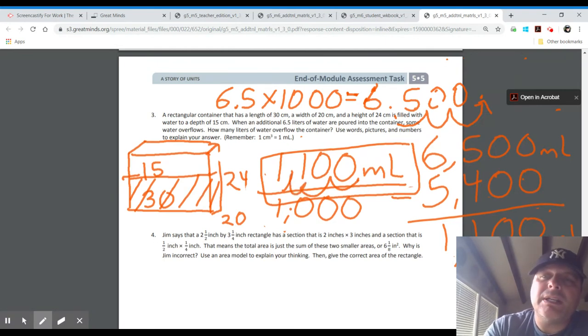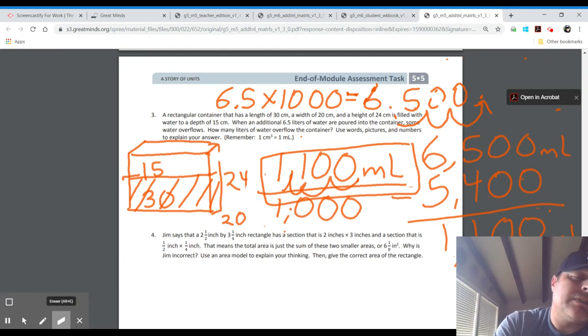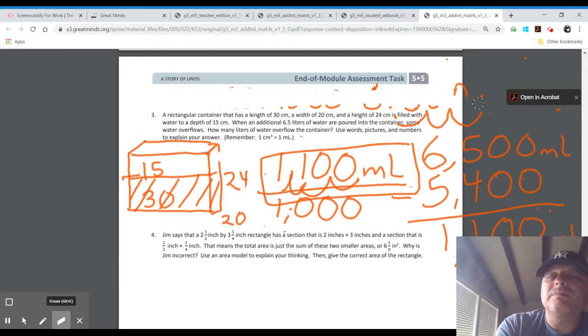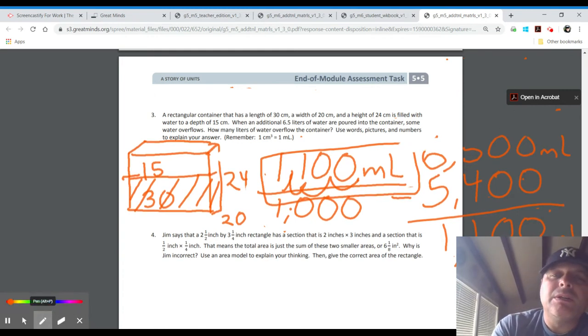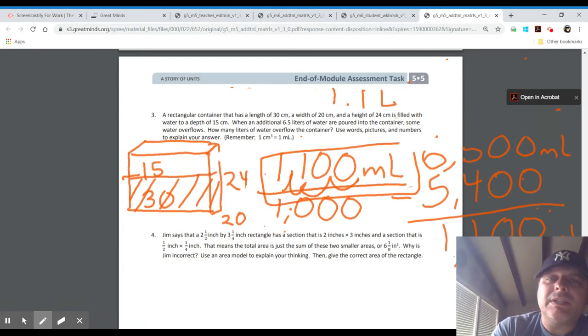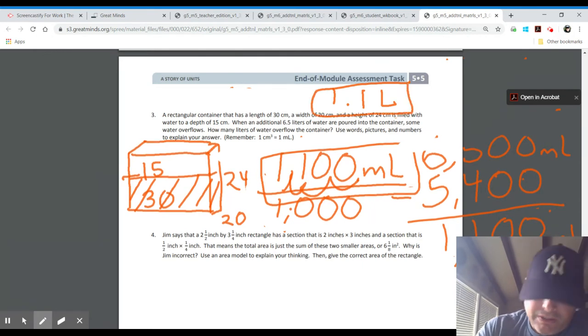And our final answer will be 1.1 liters. Okay, and that's 1.1 liters, and that's your final answer. So 1,100 milliliters is 1.1 liters. Okay, that is number 3.